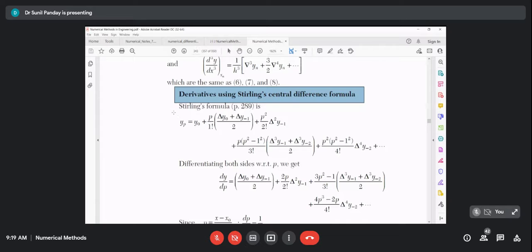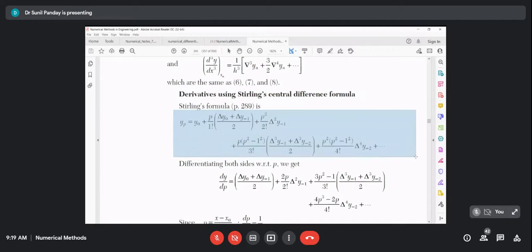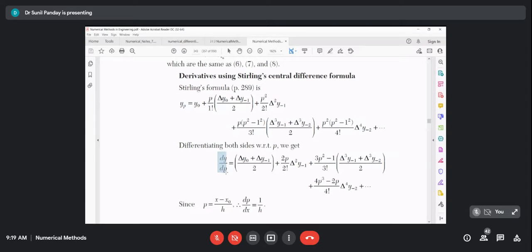Here we know that when we take the average of Gauss forward and Gauss backward interpolation formulas, we get this kind of expression as the Stirling interpolation formula. In this case, p is again x minus x naught upon h. So we will again calculate dy over dp.